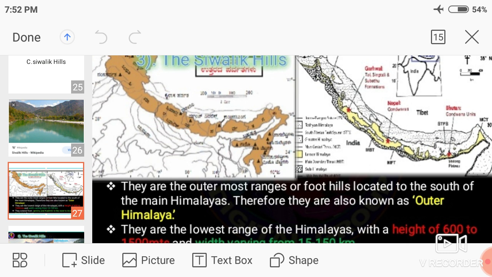Therefore, they are also called the Outer Himalayas. Keep it in mind, the Shivalik Hills are also called the Outer Himalayas.